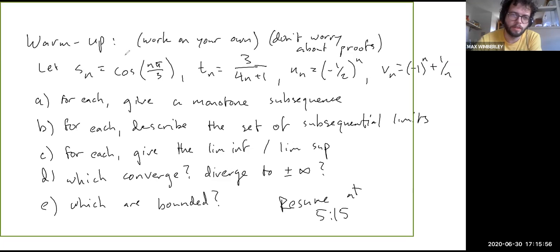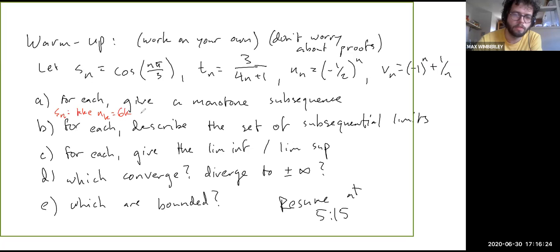An easy way to make a monotone subsequence out of a sequence like that is to pick a subsequence that just repeats the same value over and over again. So an easy way to do that here would be, let me switch colors, for Sn, take nk equals 6k, for instance.